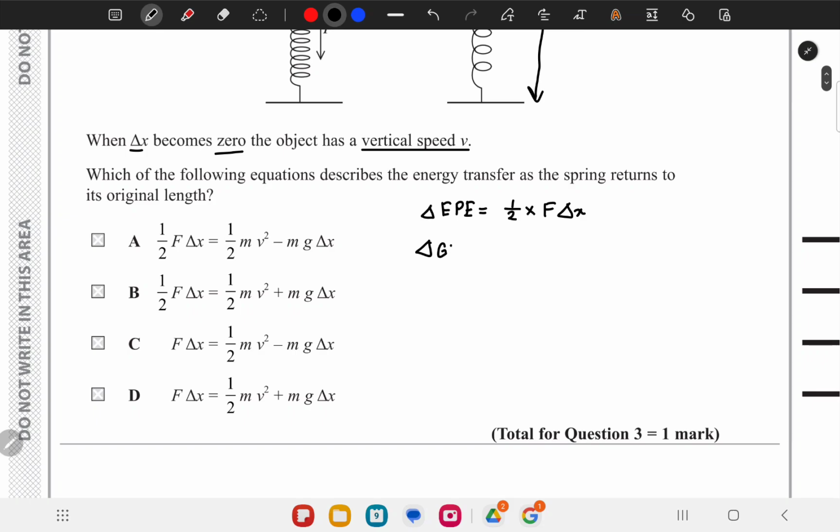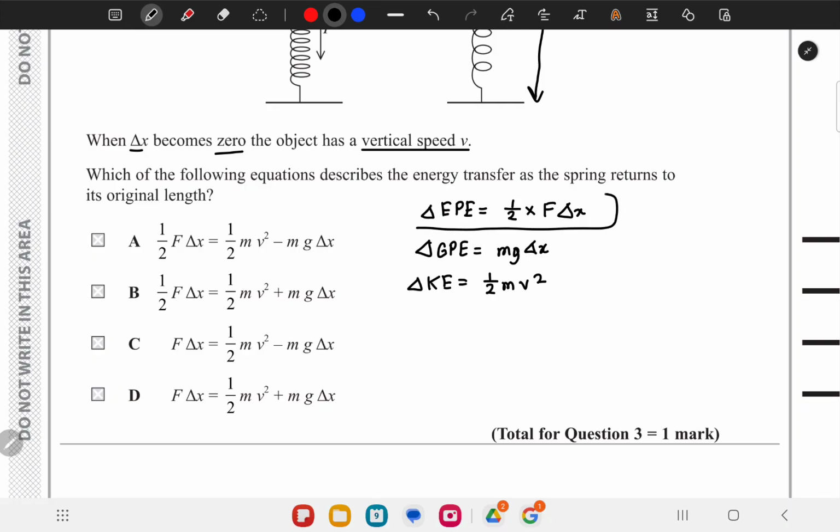The change in GPE will be mg del x, as the height gained is del x. And KE will be half mv squared. Initial speed was 0, so this was basically half mv squared minus 0 squared. This is the change in KE.